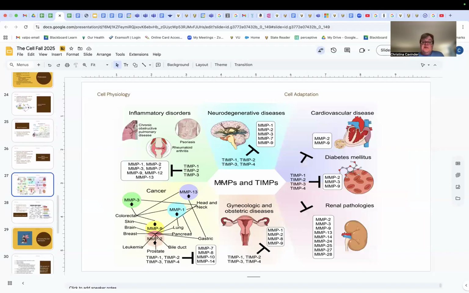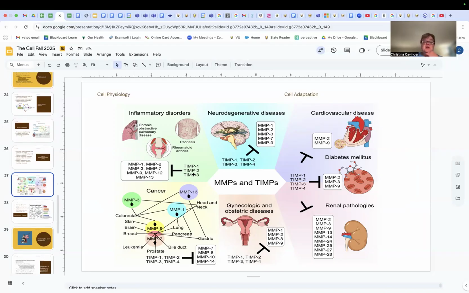So you're like, well, where does this take place? It takes place in a lot of different places. So cardiovascular disease, diabetes, renal pathologies, gynecological and obstetrics diseases, cancer, inflammatory, and neurodegenerative diseases. Now, you don't need to remember all of these different types of MMPs or the TIMP that stops it.